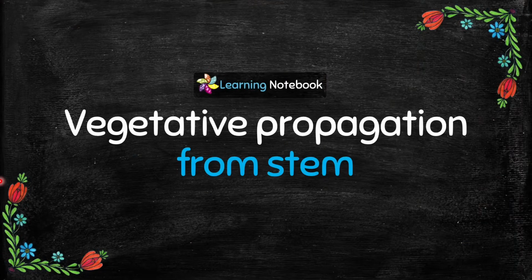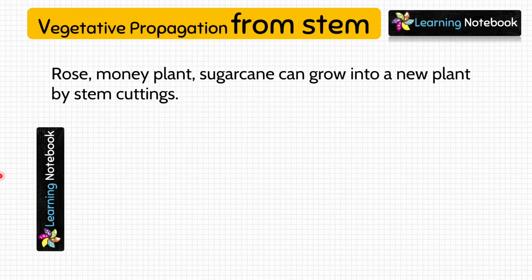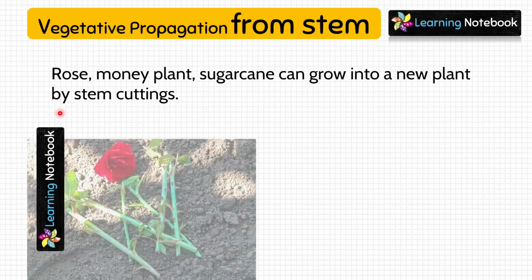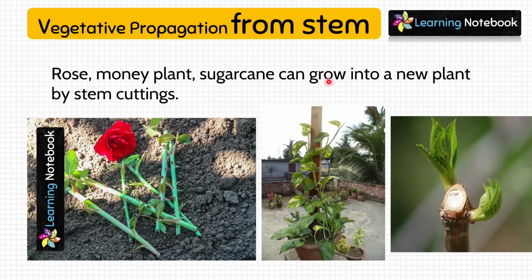Now let's understand vegetative propagation from stem. Rose, money plant and sugarcane can grow into a new plant by stem cuttings. Like, look here in this first picture. These are the stems of rose plant.